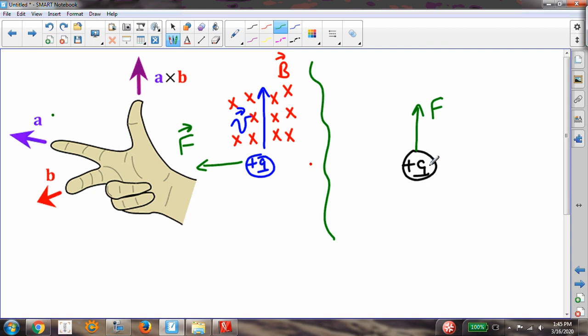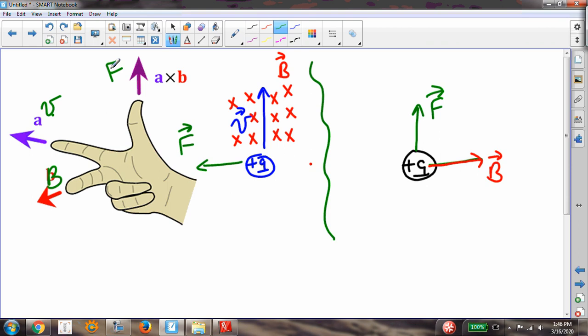I'll do red. Say my magnetic field is to the right. So force is up, magnetic field is to the right. Now what is the direction of the velocity vector? So remember, your velocity vector is your index finger. Right? This is velocity, this is magnetic field, and then this is force.